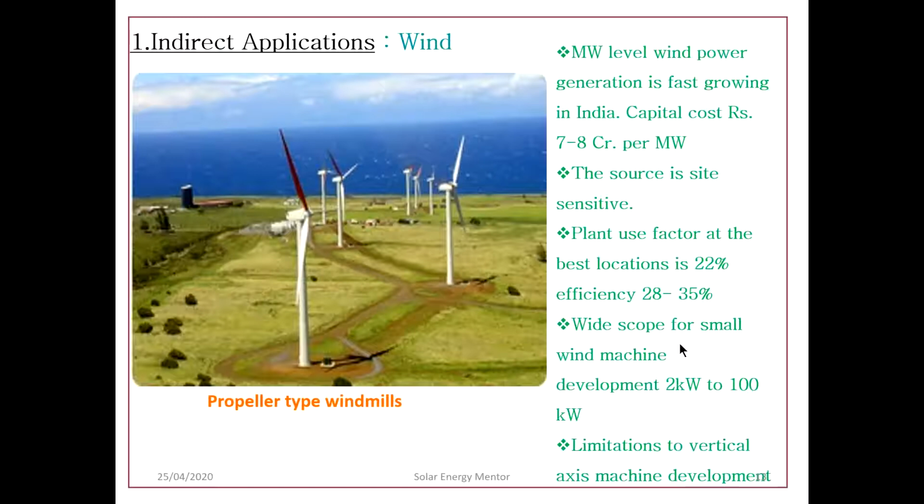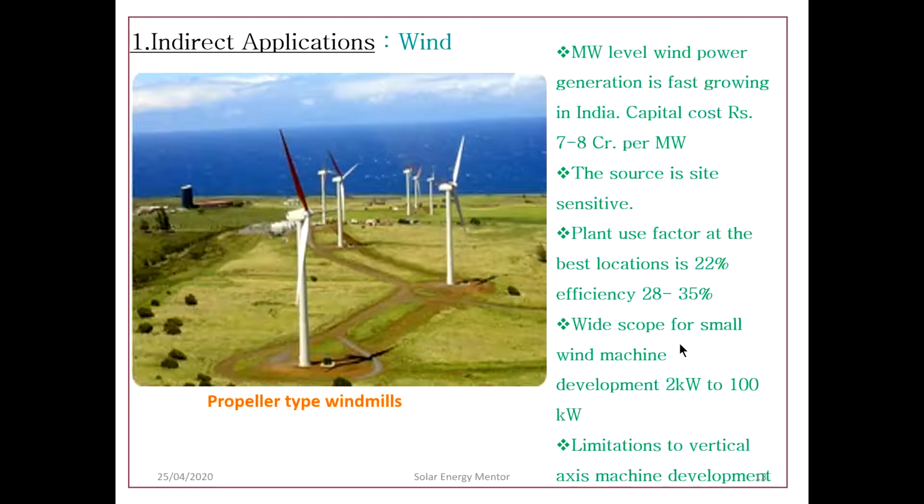That is the maximum energy it can generate if we multiply that by 1 megawatt. But actually it generates 22% of that maximum. So that factor is called plant use factor. For the best locations in India, the plant use factor is 22%. And the efficiency of the wind turbines is of the order of 28 to 35%.